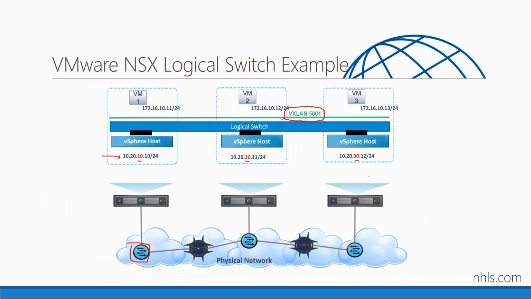Notice they're all on the same subnet, 10.16.10 on each one of those as their network address. So those 3 VMs are on the same subnet. They are on the same layer 2 network. As far as they're concerned, they're all sitting right next to each other. But we know in reality they're not.